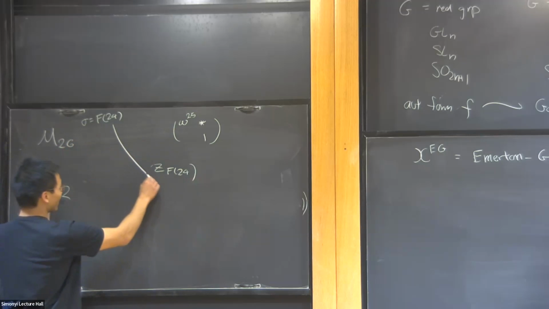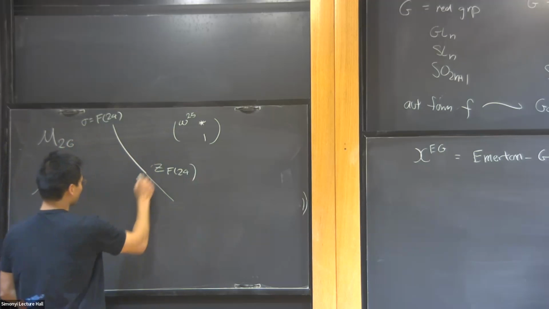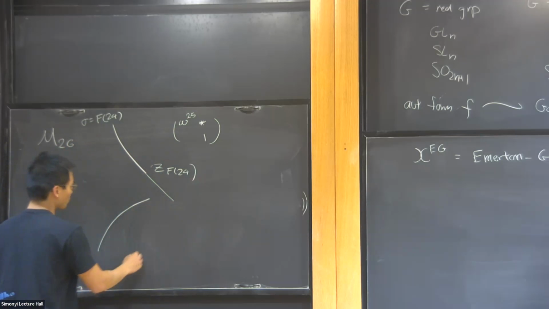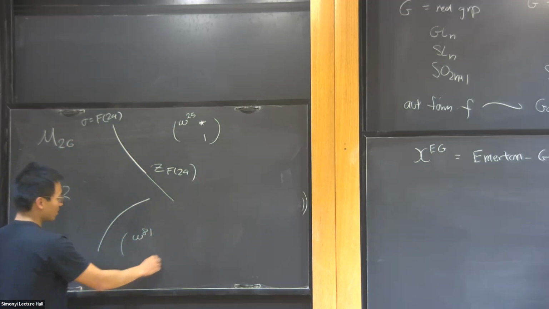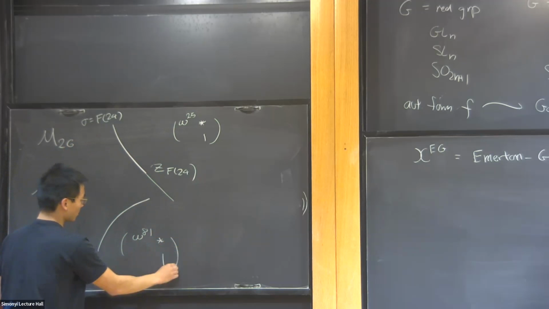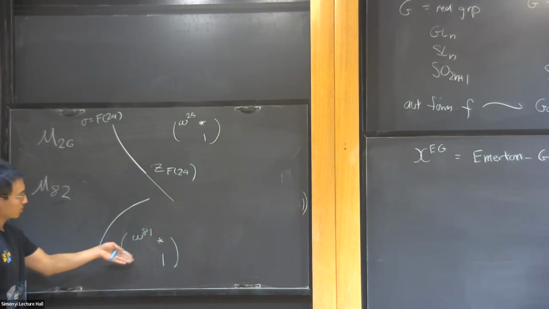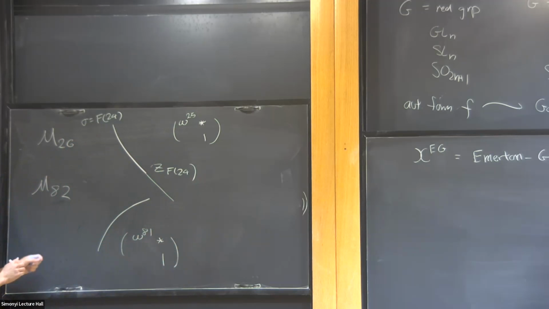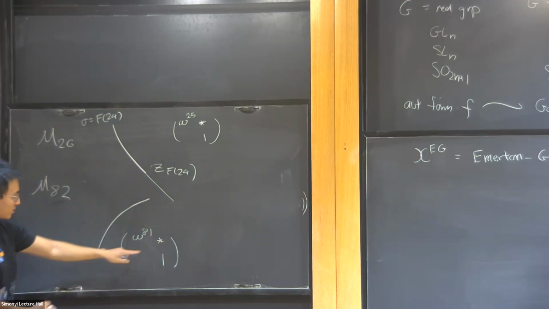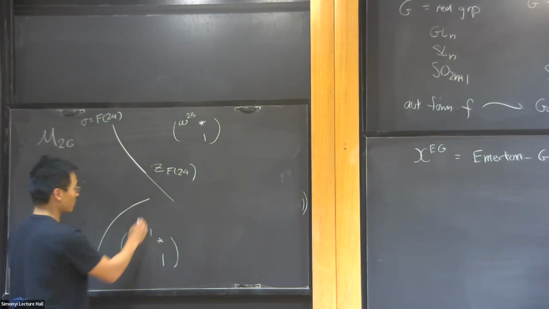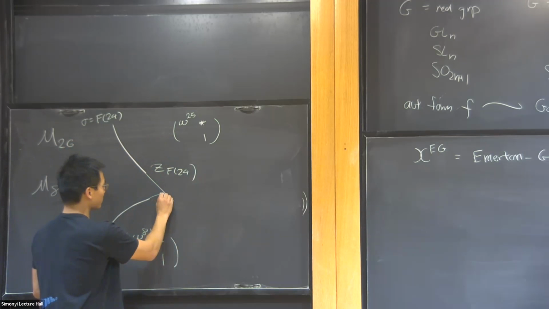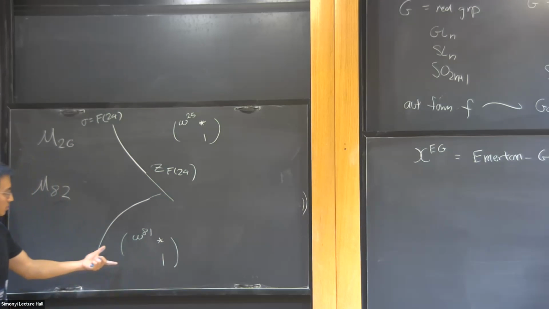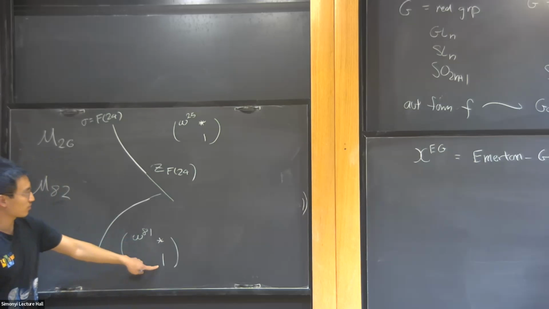So this M82, it's going to look like a component where the generic representation is an extension of cyclotomic to the 81 by trivial, with some extension on inertia. And so these two look different, but as this extension crawls towards the 0 extension, when it hits 0, it'll be a sum of characters, cyclotomic to the 81 and trivial.